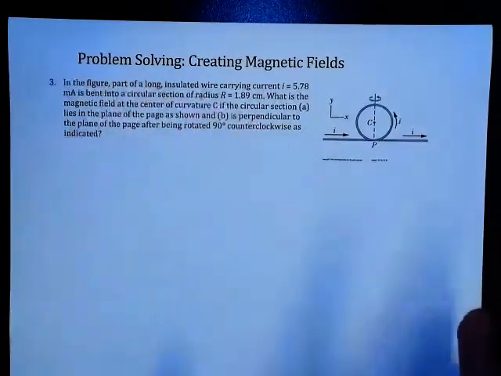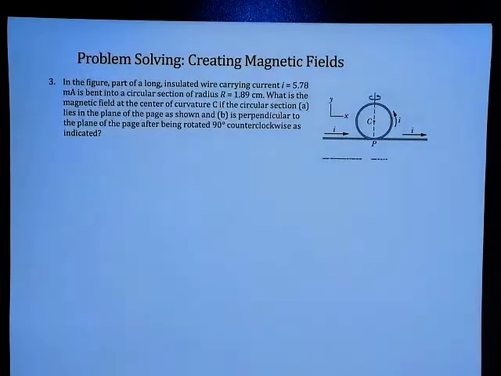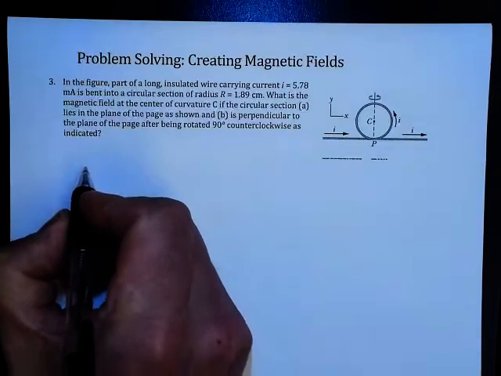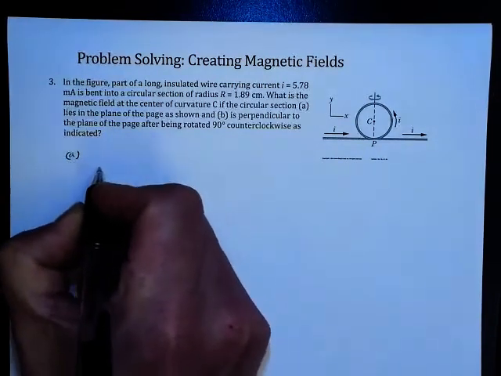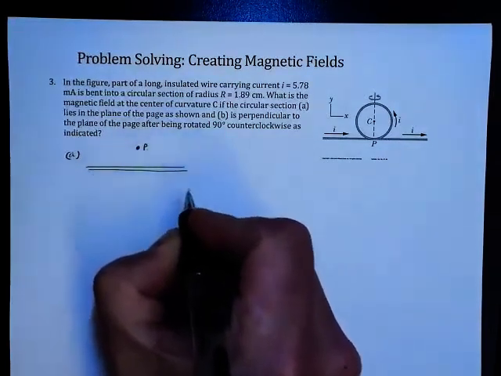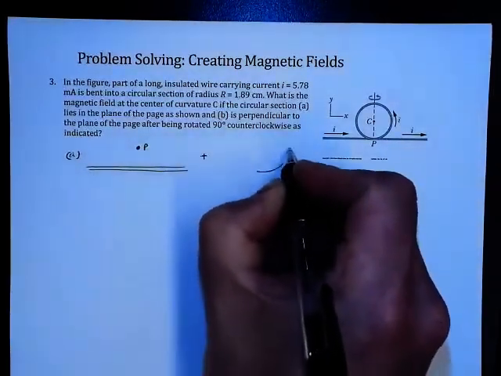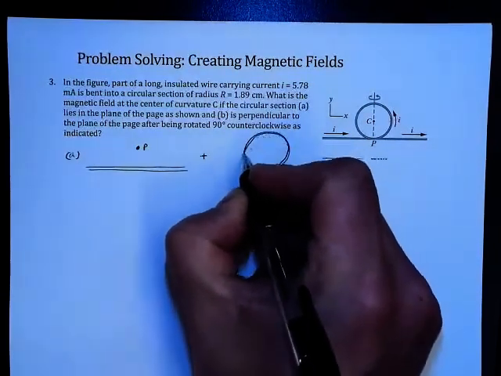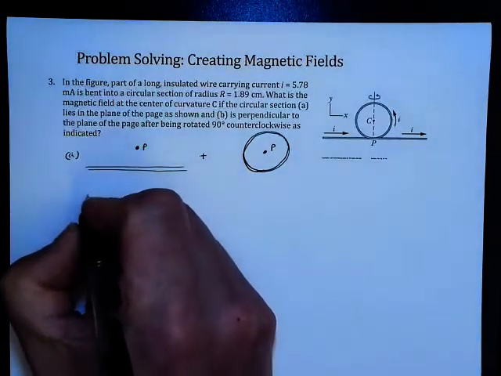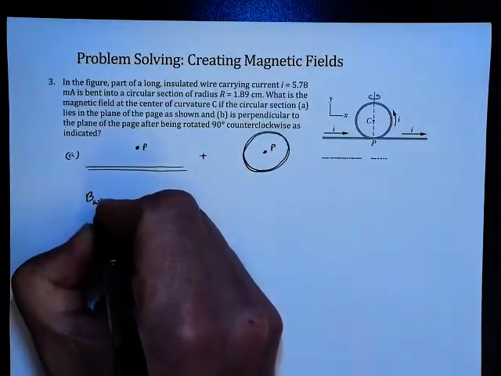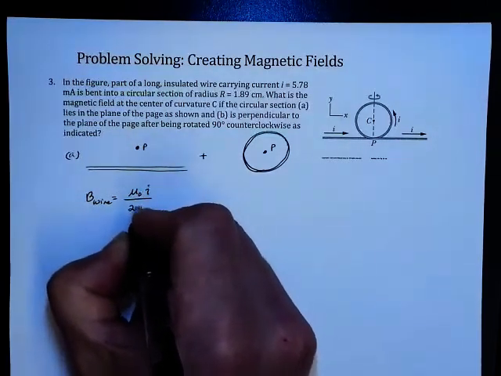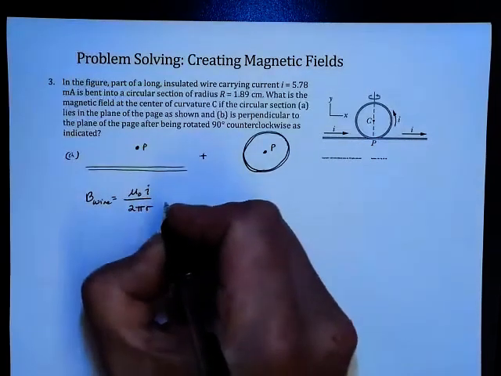All right, so let's go ahead and see how we might do this. This is really a superposition of two things. In part A, when they're both lined up, it's like taking a straight wire and finding the magnetic field at point P, plus taking a loop of wire and finding the magnetic field at point P. The magnetic field from a straight wire is mu 0 I over 2 pi times the distance that we are away.